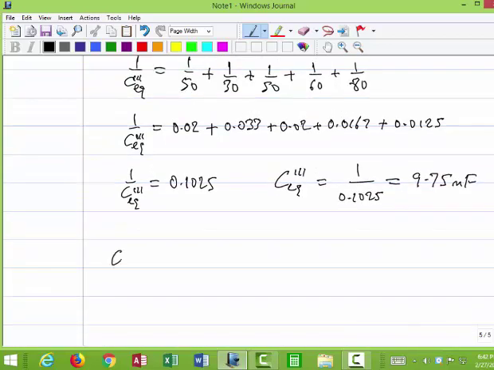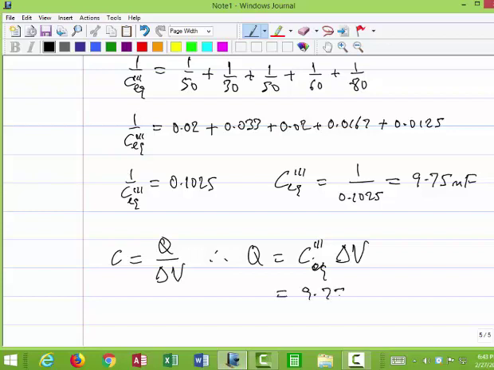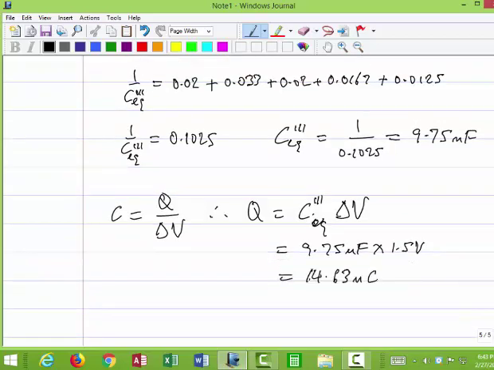Then we can say that C is equal to Q over delta V. Therefore, Q is equal to C equivalent triple prime times delta V. So it's going to be 9.75 microfarads multiplied by 1.5 volts. So what does that give us? 14.63 microcoulombs. Okay, any questions on that? So let's look at calculating capacitance for different types of geometries.